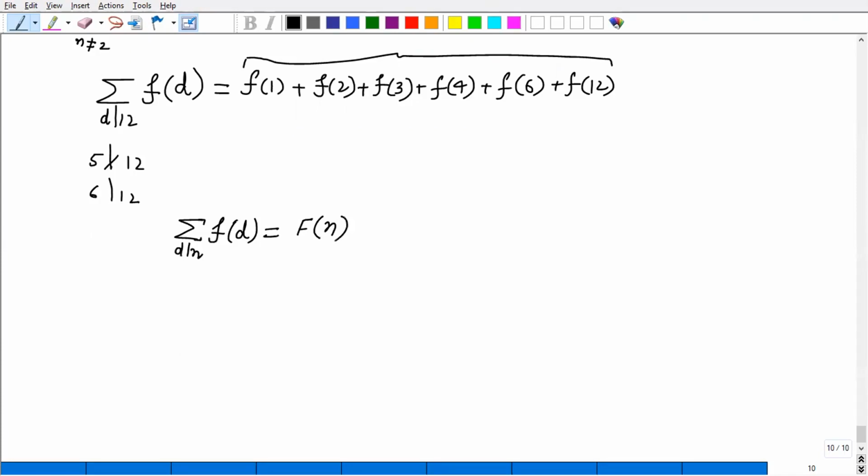So if small f is multiplicative, then capital F is also multiplicative. This is a result, and we will prove it inshallah in the next class. Today I'll give an example that will show that the sum is also multiplicative, and f is multiplicative. This is our assumption here.